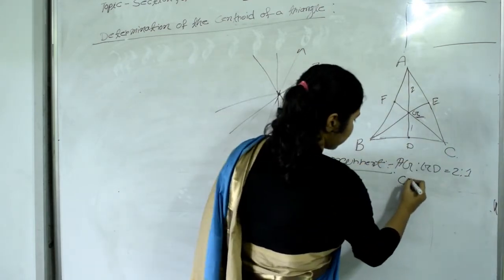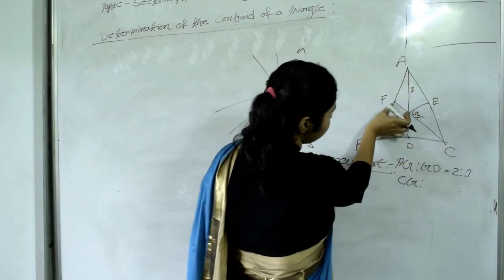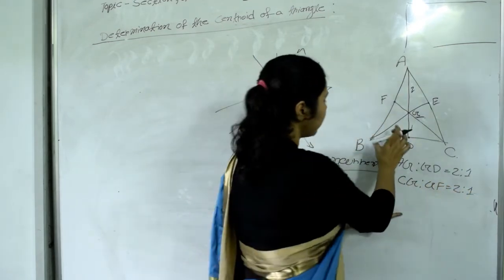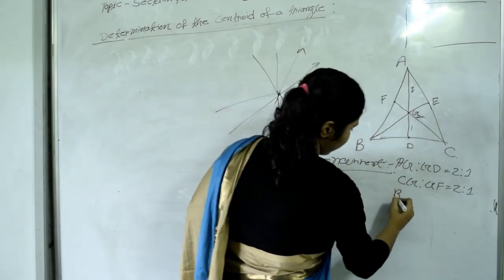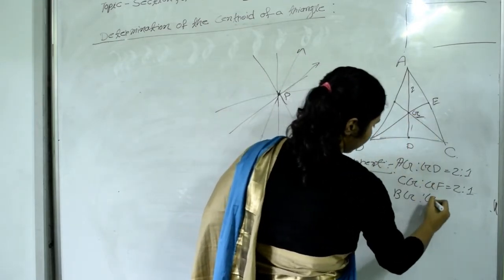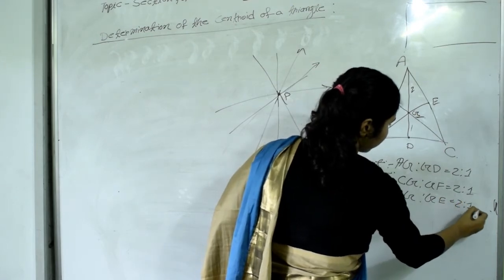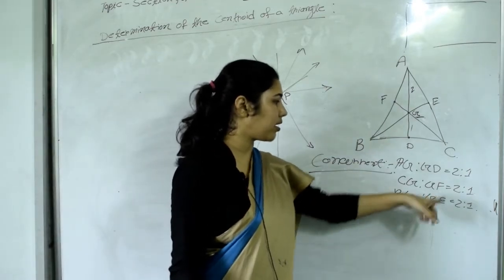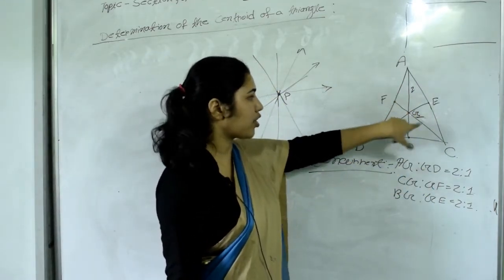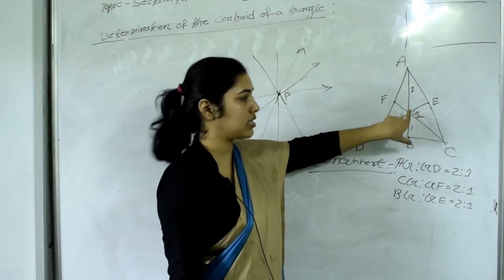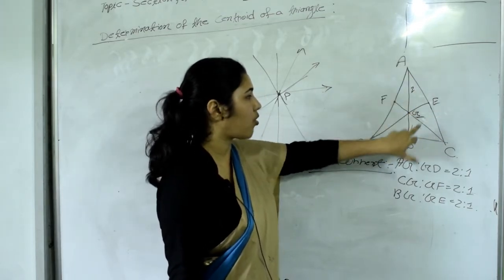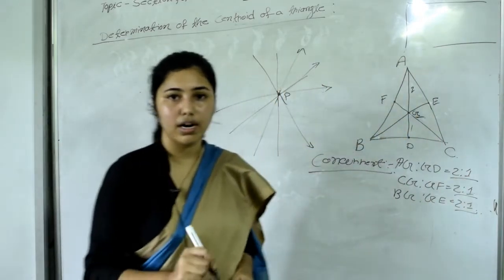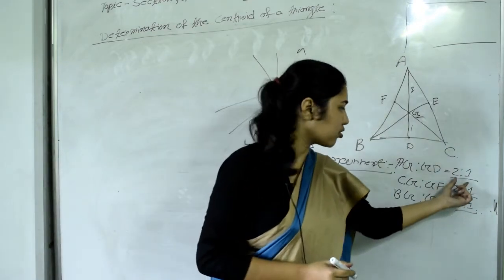Also CG is to GF equals 2:1, and for BE, BG is to GE equals also 2:1. Okay, so by coordinate geometry we will prove that this point G divides all the medians at a ratio 2:1, which means here our m is to n equals 2:1.